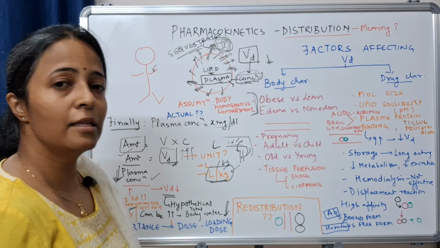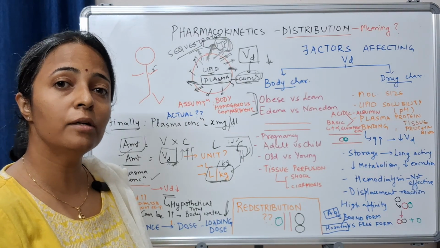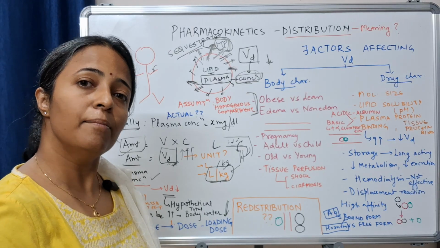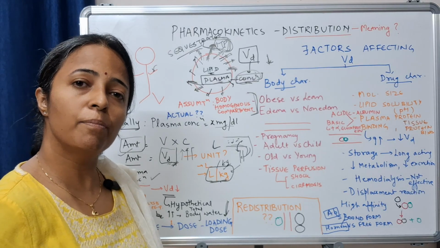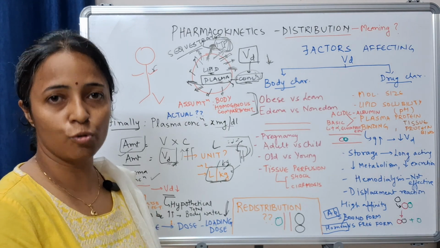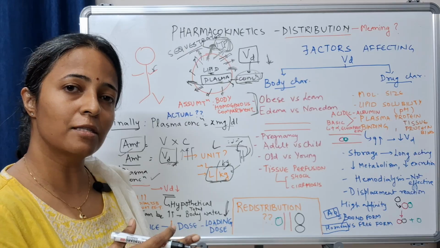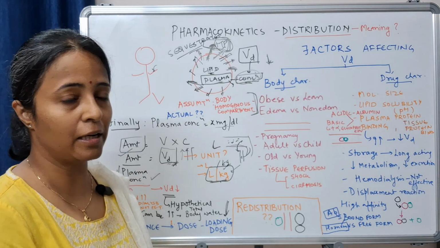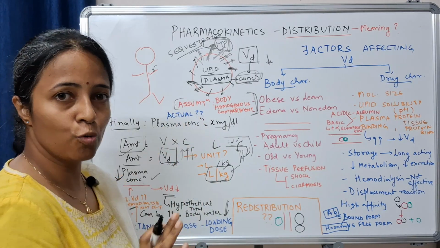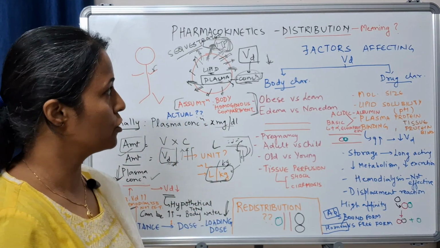Okay, and these are the places where the perfusion is much more, like brain, heart, kidney, and there may be other compartments where the perfusion is lesser, so there will be slow movement of the drug to those compartments. So first one is known as the first compartment, and then we have the final compartment, right? But this one is the easiest to understand, that is, what is volume of distribution.